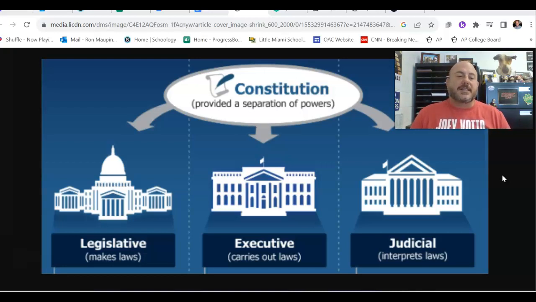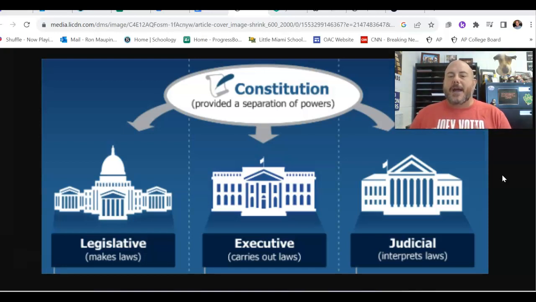In our federal system, that's most known by the term Congress, the U.S. Congress. We also have the executive branch, who is responsible for carrying out or enforcing the laws that are made by the legislative branch. In our federal system, that is headed ultimately by the President of the United States, but also includes everybody else known collectively as the bureaucracy.